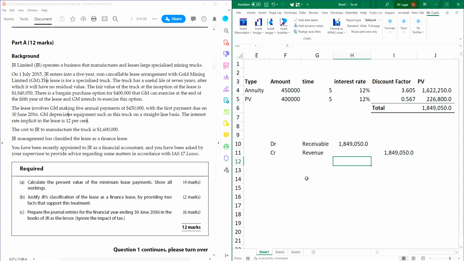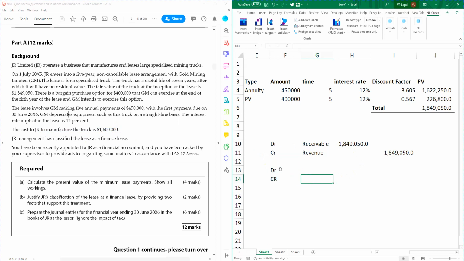Now, whenever you do a revenue journal, you've got to consider, okay, what's the cost of that? Because there's always going to be a cost of sale element in there as well. So what do you think it's going to be? Well, the cost to manufacture the truck was 1.6 million.